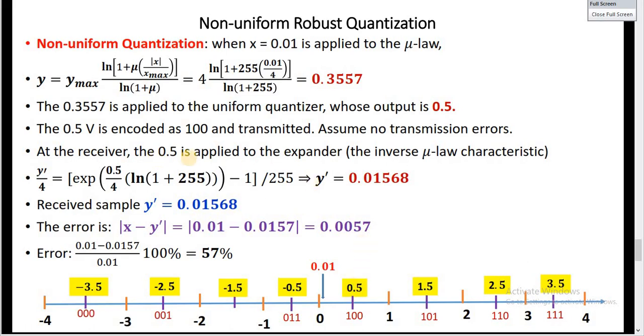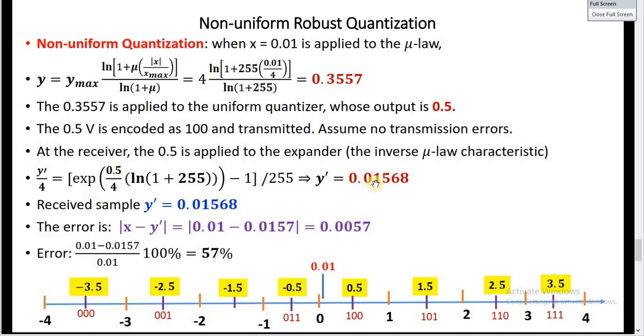The 0.5 volts is applied to the expander, which is the inverse of the mu law characteristic, and so y prime, the output of the expander, is exponential of 0.5 by 4 ln(1 plus 255), minus 1, divided by 255. This 0.5 is the value that is applied to the expander.